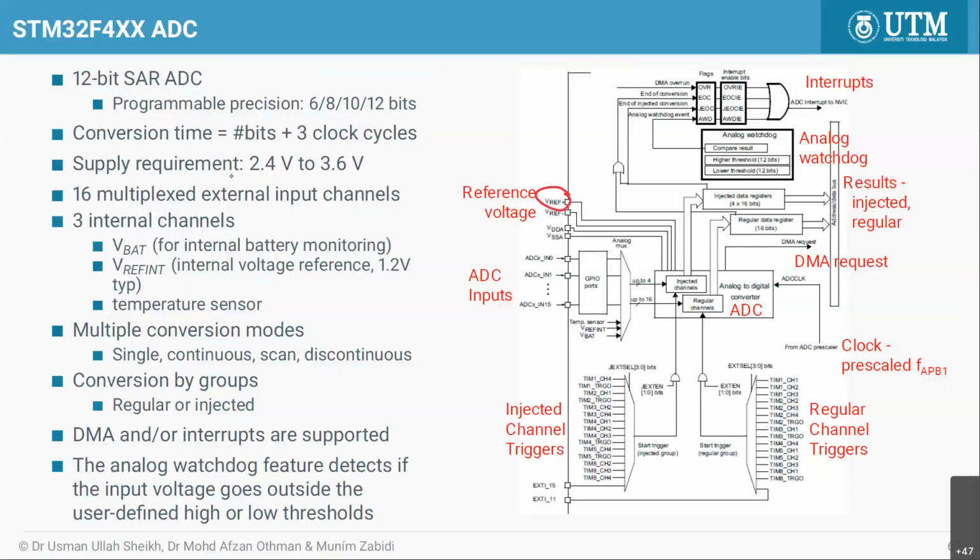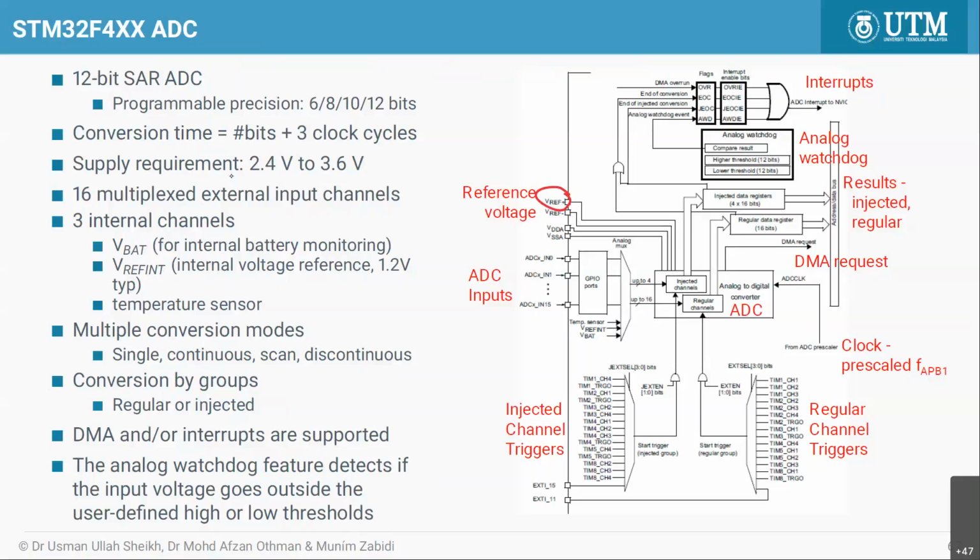So this can be slightly different than the supply voltage. So if your analog value can go up to 2.5, then okay lah, just use 2.5, then you don't have to convert anything.